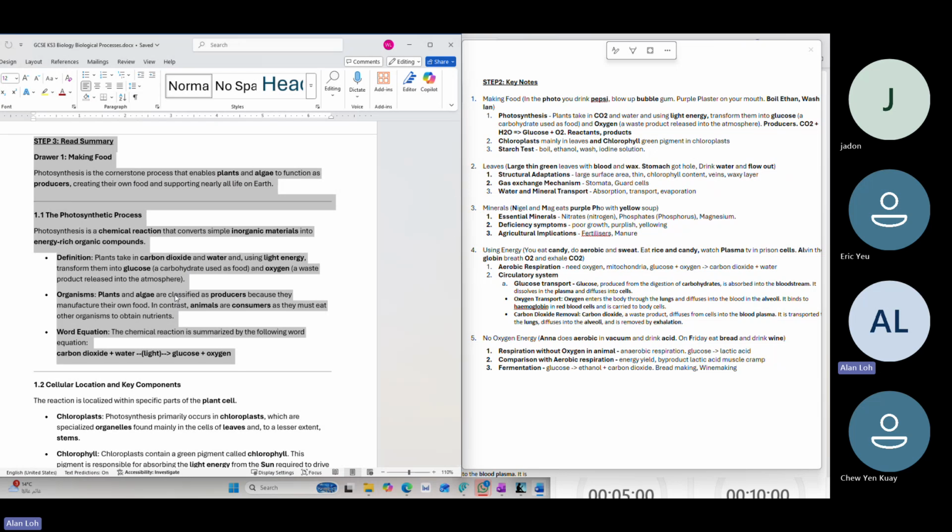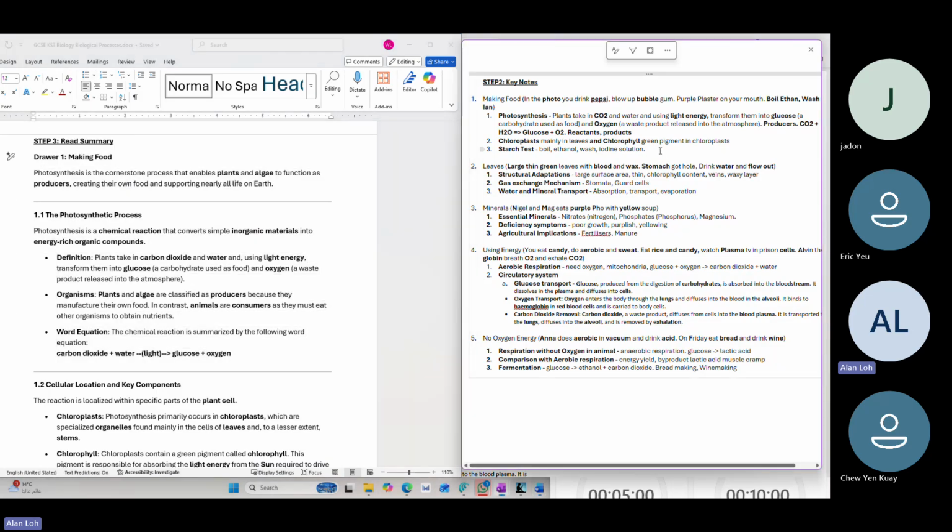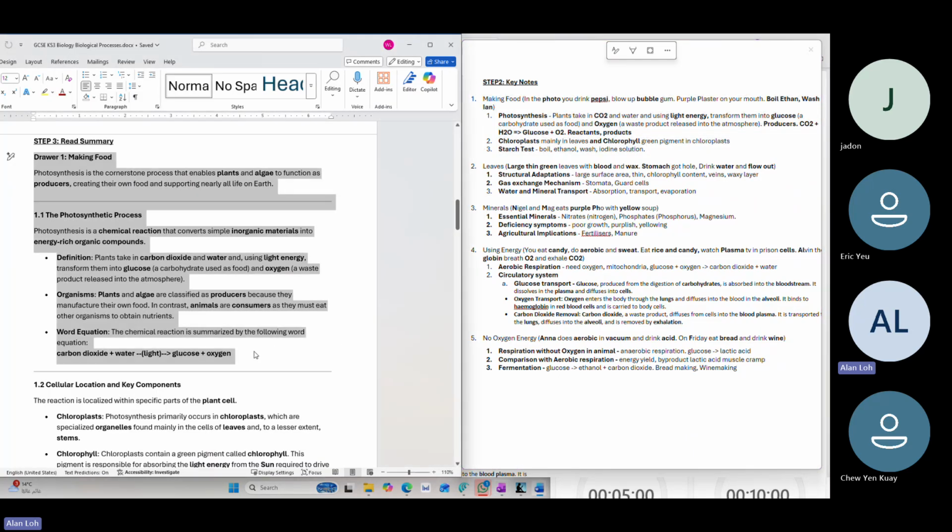This is drawer number 1. Then you read by telling yourself if there is any new information inside here that was not written or explained over here. I'm sure there is, right? That is how you build your knowledge more for drawer number 1.